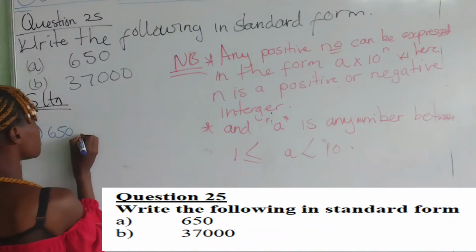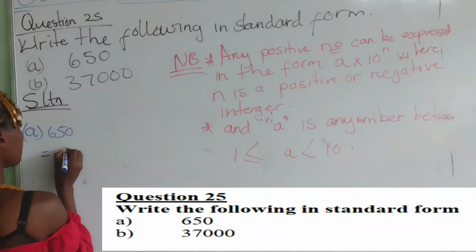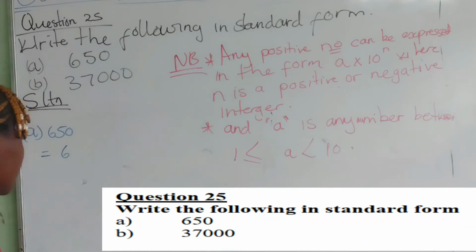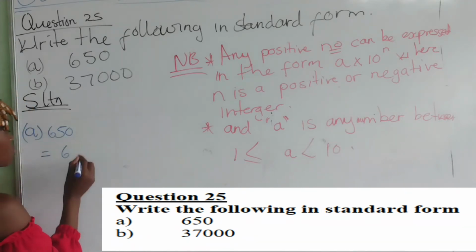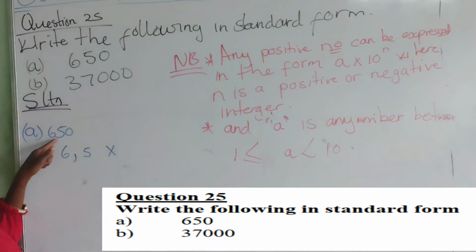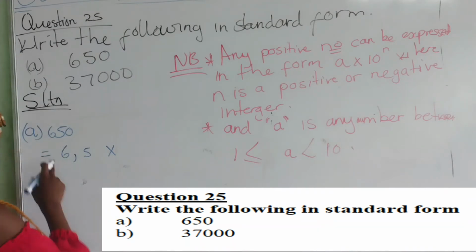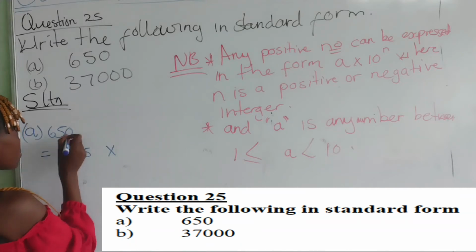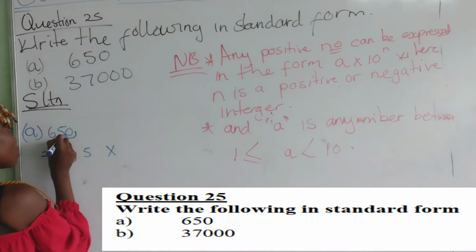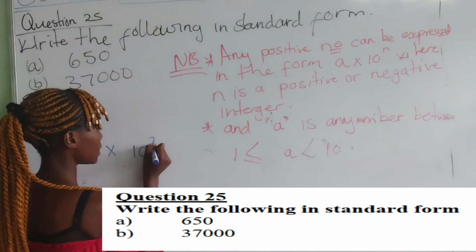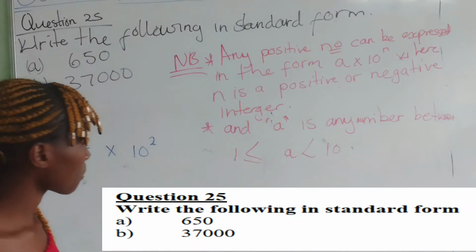So this one is going to be 6.5 times, not 0.65 or 65. So if we put our comma here, it means we have moved 1, 2. And this is going to be 10 to the power 2, and it's a positive 2.